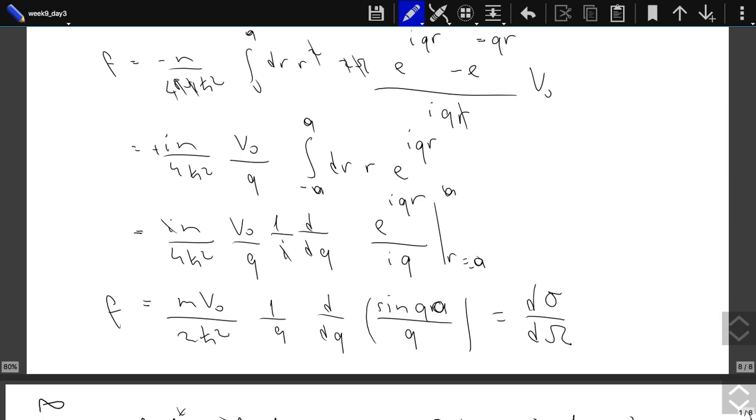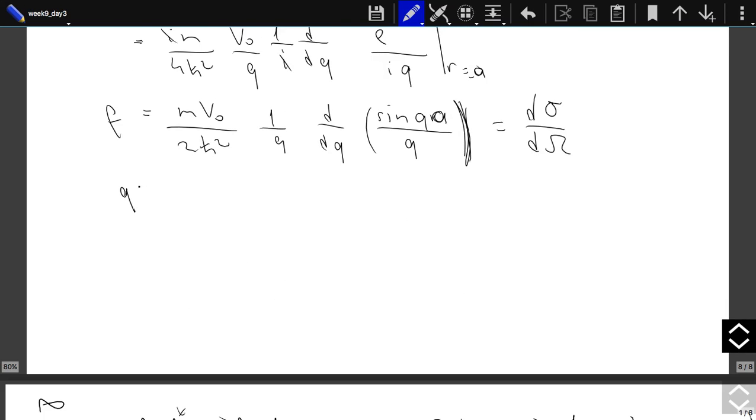Is there an angular dependence here? What is q? There is angular dependence. We had defined q as k minus k prime. So your particle comes in this direction and then scatters into this direction.